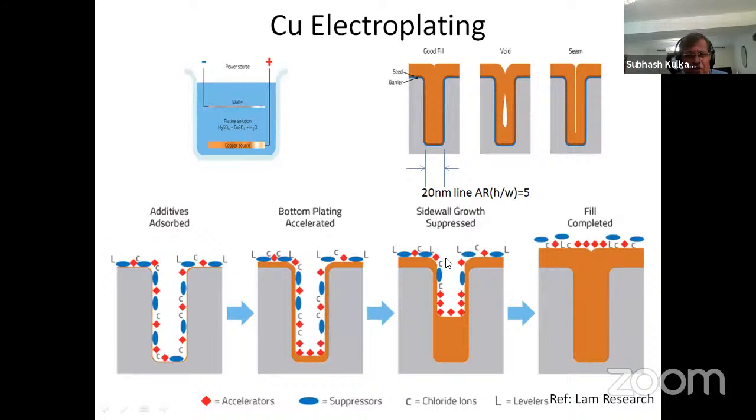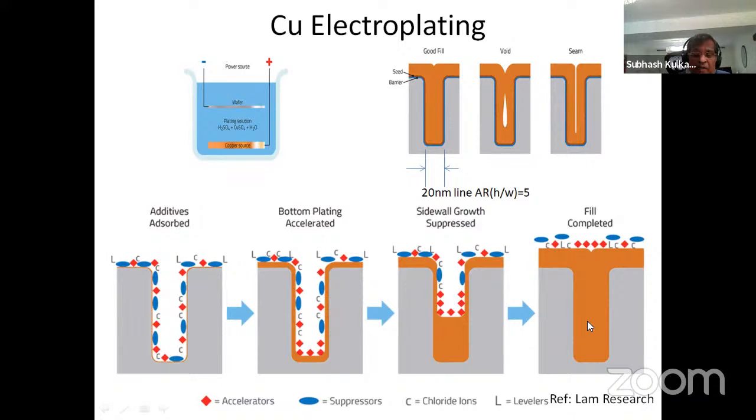Now your aspect ratio is a lot less. Aspect ratio is the height versus the width of this line, H by W. So this is about 5. So when you get the aspect ratio to around 2.5, you add the suppressors so that they will be suppressed, and then you can continue filling this remaining cavity.